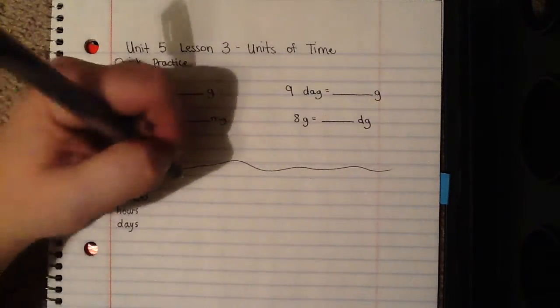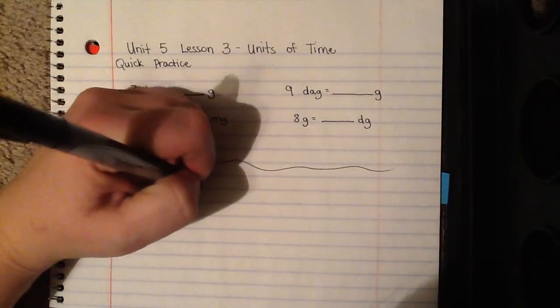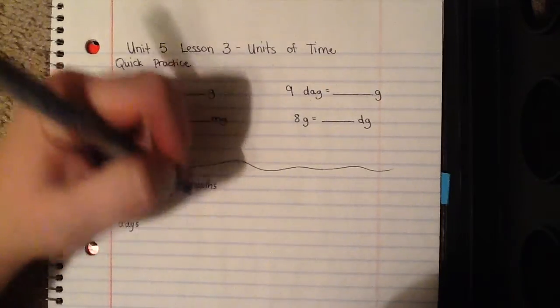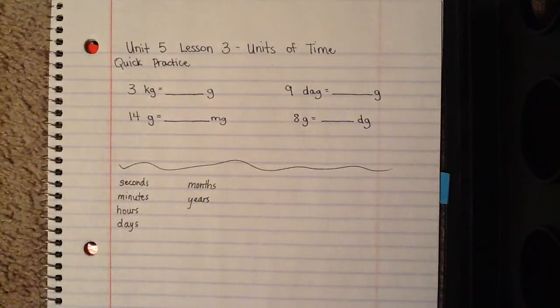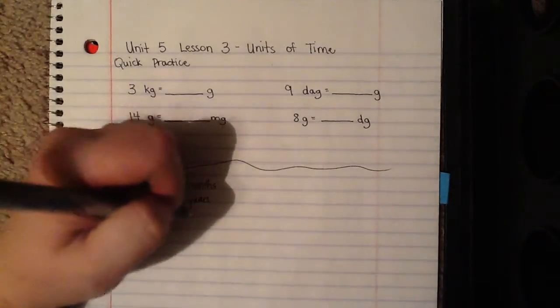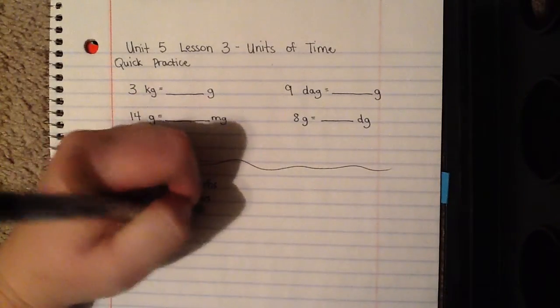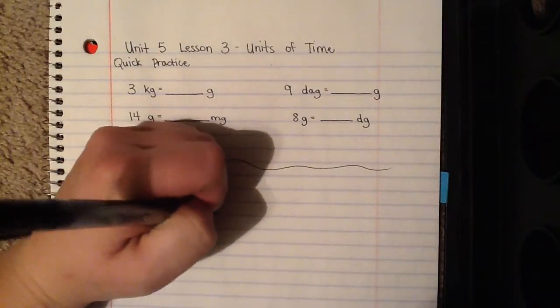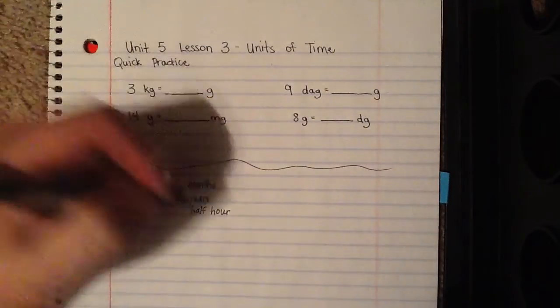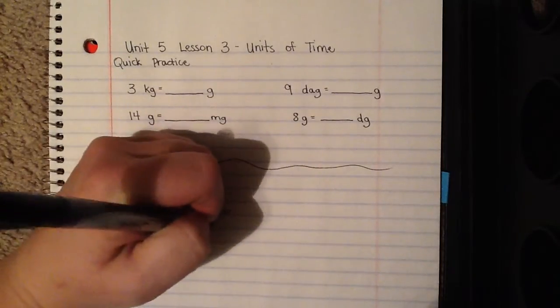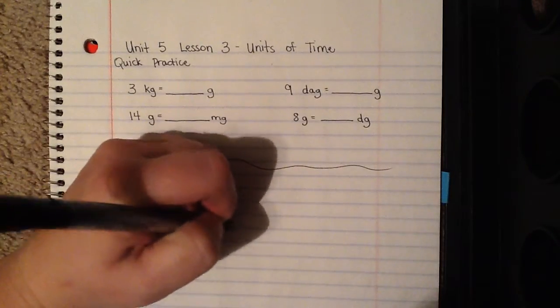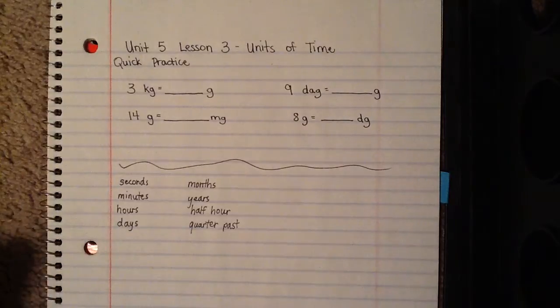We also have months, years, and we can even get into things like half an hour or even quarter past. Those are all words you would see when it comes to talking about units of time.